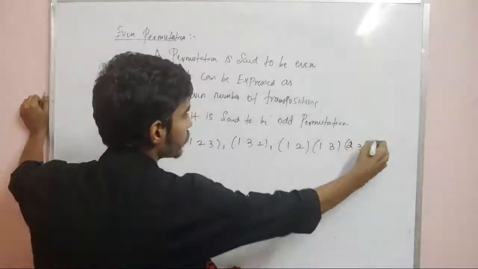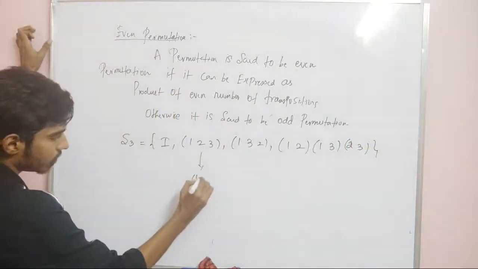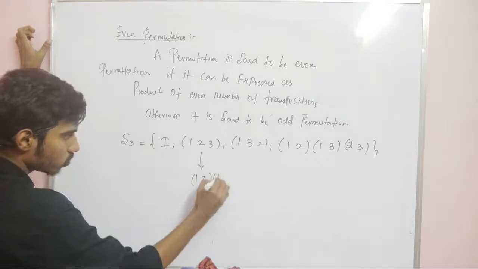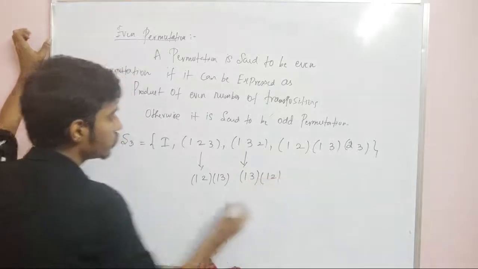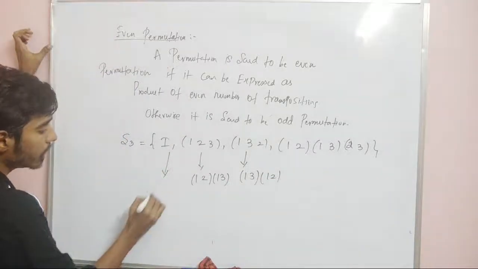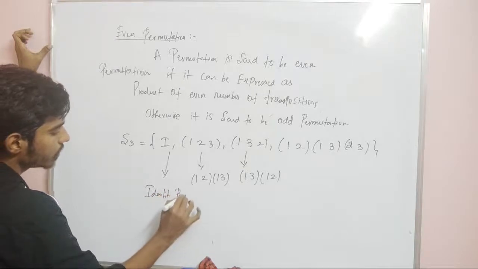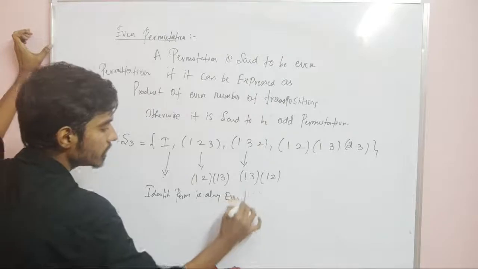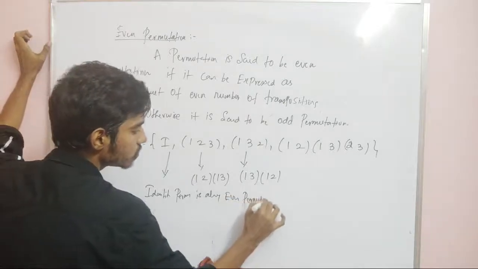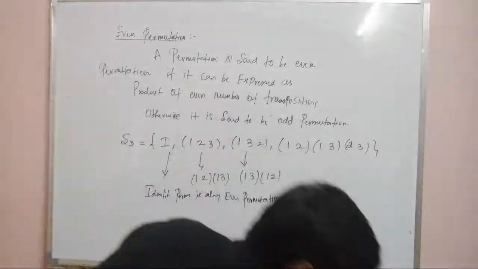I can write (1 2 3) as (1 2)(1 3), and (1 3 2) as (1 3)(1 2). The identity permutation is always an even permutation.